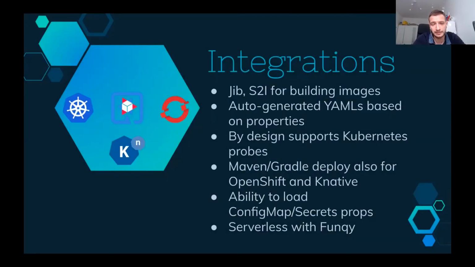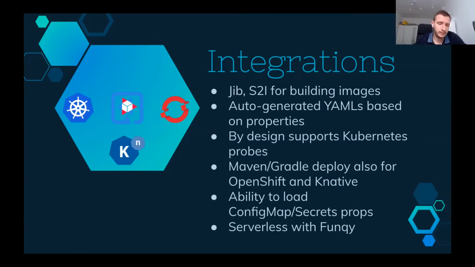Quarkus provides several extensions for building container images, for example, with Jib. And if you deploy on OpenShift, it supports source-to-image mechanisms, so building a container image directly from the code. For both these tools, it offers a dedicated base image to be used.